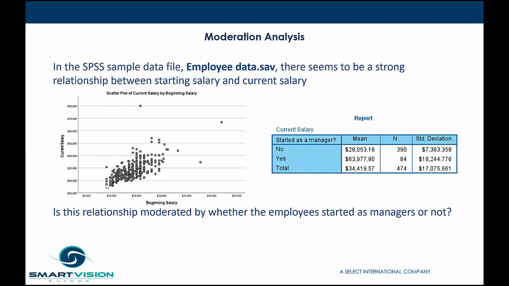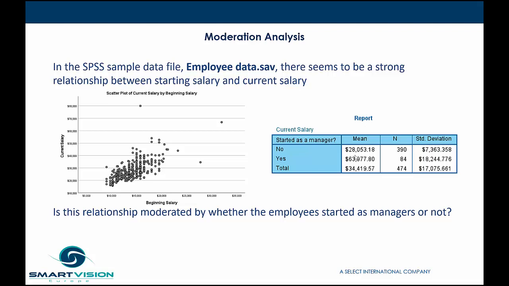And it's quite a strong relationship, as we can see in this scatter plot. There's a pretty high correlation value here. And what we're asking is whether or not this relationship is moderated by whether or not the employees started out as managers, whether or not they were hired as managers. In fact, we can see that when we do a simple means report, that people who are managers tend to earn on average in their current salary just under $64,000, and people who didn't start as managers earn on average $28,000.